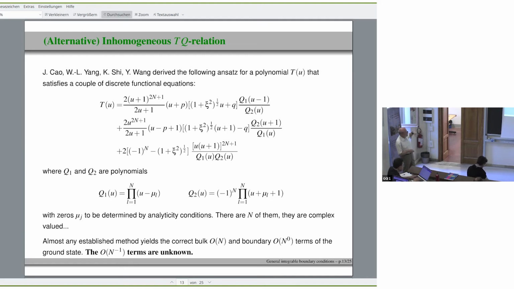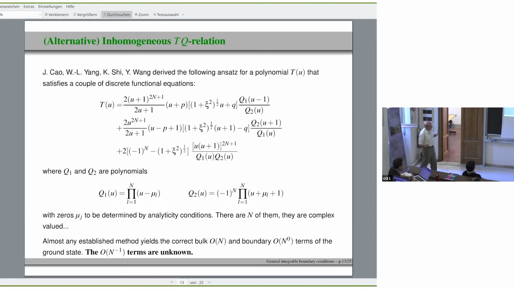You can multiply one of the Q to the left-hand side, then you have TQ equal to a sum over Qs. But there is something which is not of Q divided by Q type on the right-hand side. This is some explicit function divided by Q. And therefore, these TQ relations are called inhomogeneous TQ relations. And here are two Q functions, Q1 and Q2, but with zeros that are closely related, as you see.